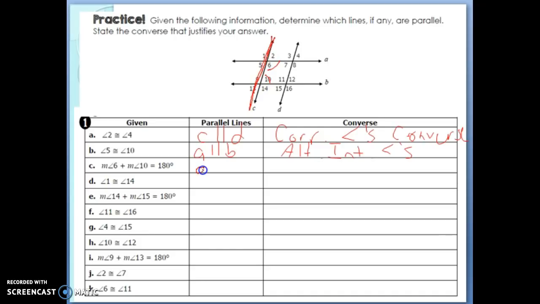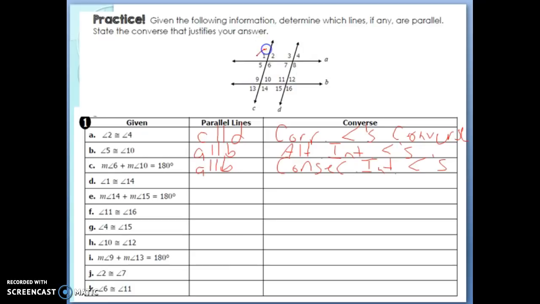So A is parallel to B because they are consecutive interior angles. So that's the consecutive interior angles converse. That tells us that. So it's all about finding your angles.